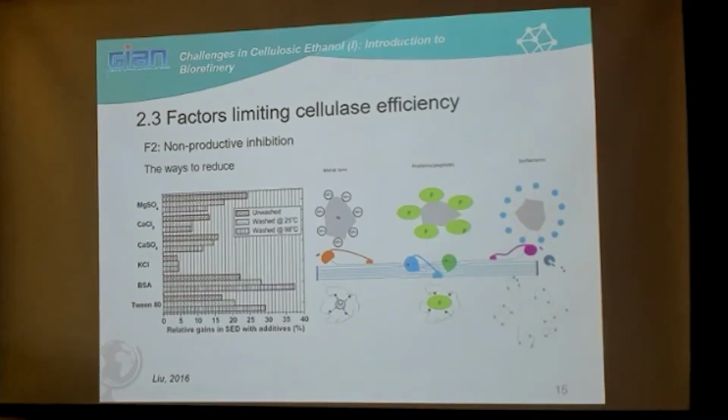We also developed a lot of new technology to reduce the non-productive cellulase inhibition. We can use some additives to block the lignin particles away from the cellulase binding. The first one is surfactant. Surfactant is very efficient to reduce the surface energy to enhance the mobilization of the enzyme on the surface of the substrate.